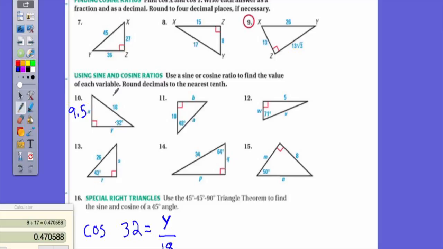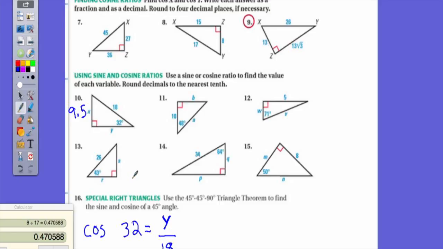Yes, you can use Pythagorean theorem, but because of rounding, you're going to start getting off. You're going to be off by a tenth or something. You don't want to miss an answer by being off by a tenth. So I understand somebody might have told you to use Pythagorean theorem, but that person's not me. That's why they pay me the big bucks.